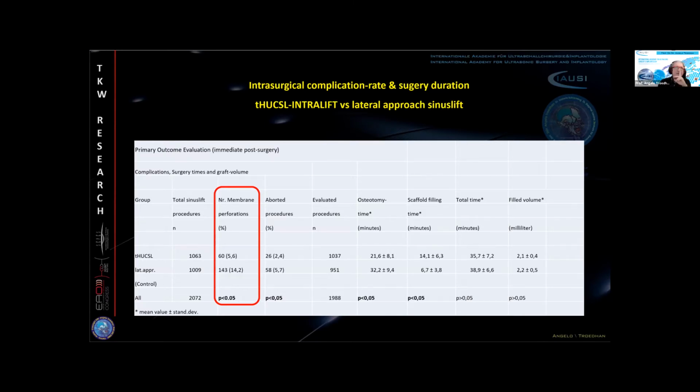So when we take a look at the number of membrane perforations, because we should never forget there is no 100% safe method, but when you take a look at the differences between the perforation rate with the INTRALIFT, which is 5.6%, that means, let's be generous, 6 patients out of 100, and with lateral approach, 14%.